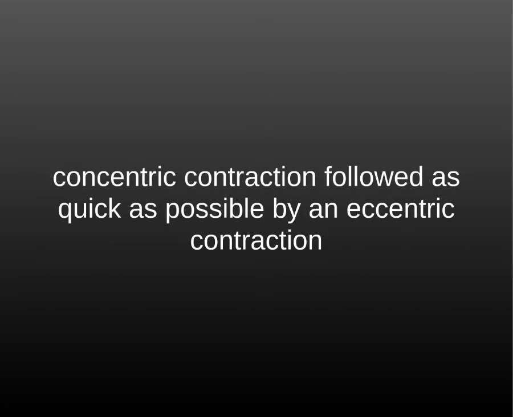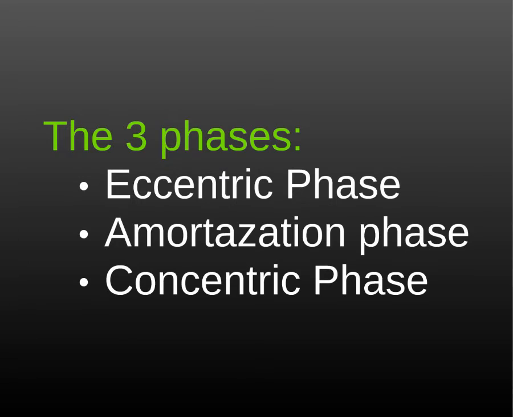Plyometrics is when a concentric muscle contraction follows as quick as possible an eccentric contraction of the same muscle. This means there are in fact 3 phases to a plyometric exercise. 1, the eccentric phase, 2, the amortization phase, and 3, the concentric phase.